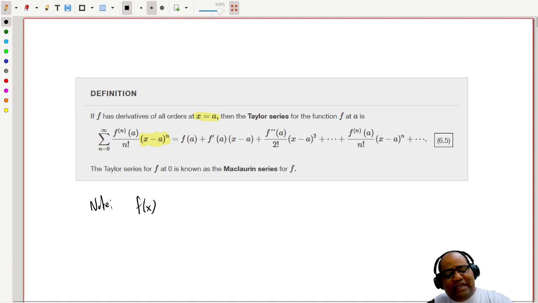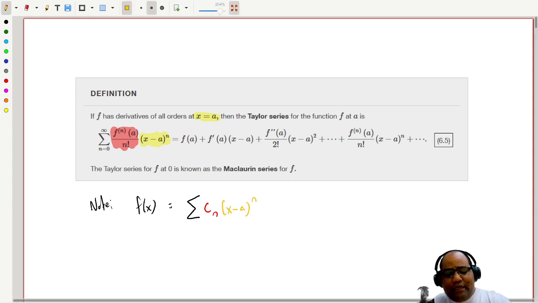We can also express this as f of x equals this infinite sum here. We have the Taylor coefficients c_n, which are these guys right here, and then we have the powers around the point, x minus a to the n.